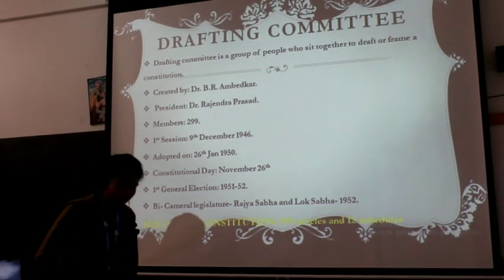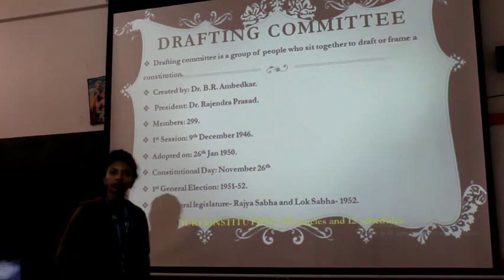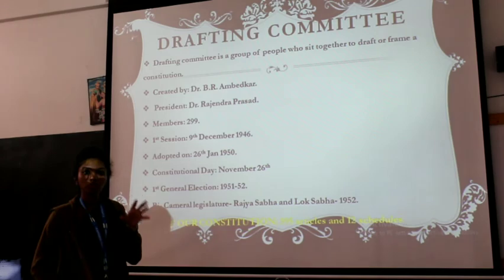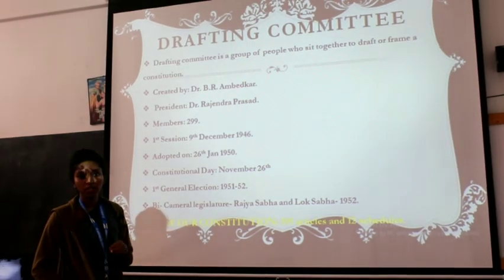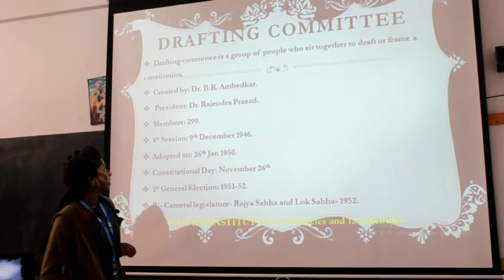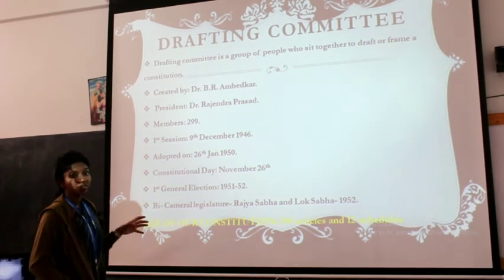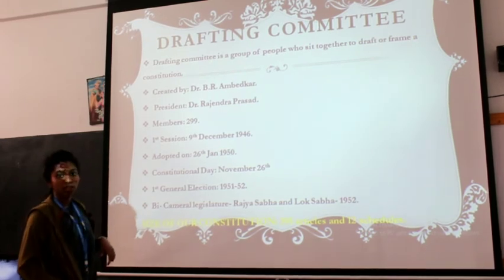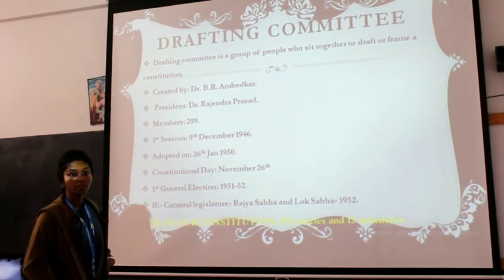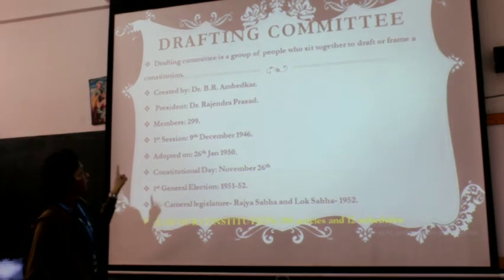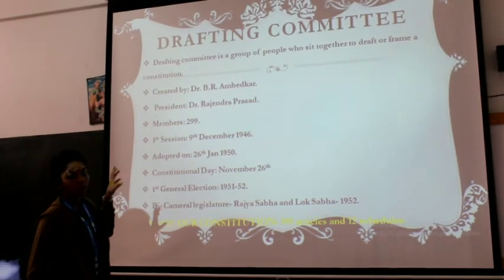Now as I said earlier, constitution is nothing but rules and regulations. Now who is going to set these rules and regulations? A group of people, one committee. That committee is called the drafting committee. Alright. So this drafting committee was created by Dr. B.R. Ambedkar. He said that it is necessary for our country to have a drafting committee. So he was the one who started off this committee.